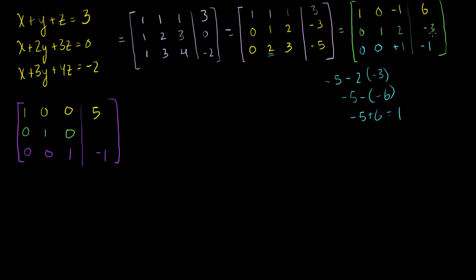Minus 3 minus 2 times minus 1. Let me write that down. Don't want to make a careless mistake. So what is that equal to? This is equal to minus 3 plus 2, which is equal to minus 1.